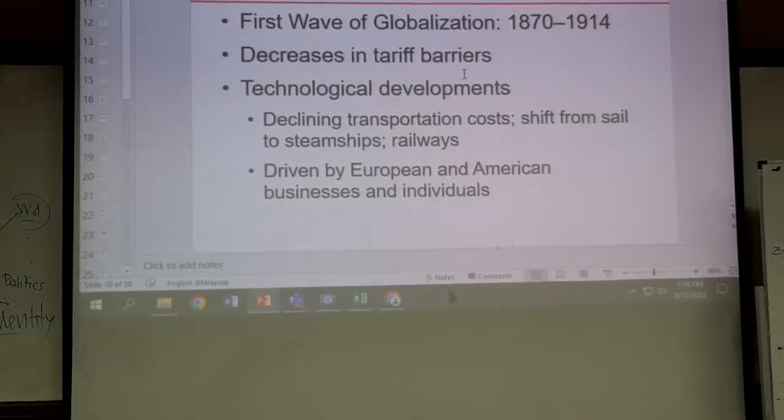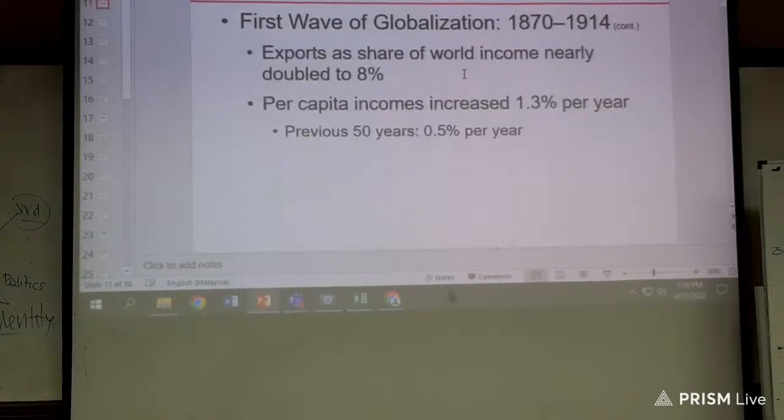Decrease in tariff barriers, technological developments, declining transport costs, shift from sail to steamship and railways. Railways is very important because it can bring heavy loads. Driven by European and American business and individuals, the exported share of world income nearly doubled to 8%.